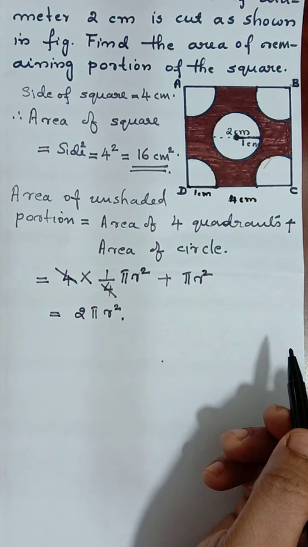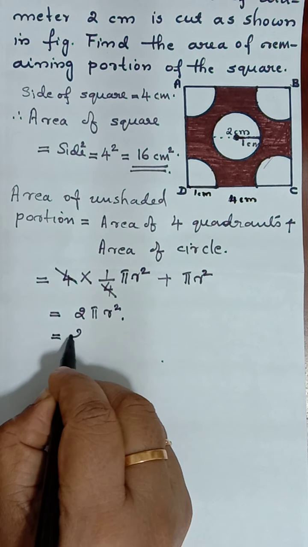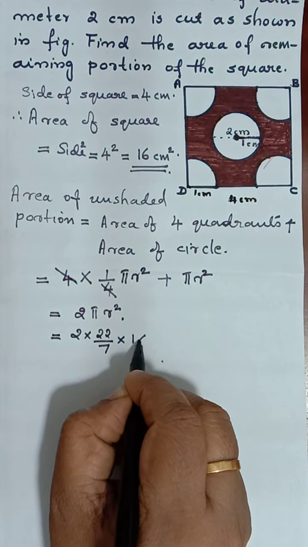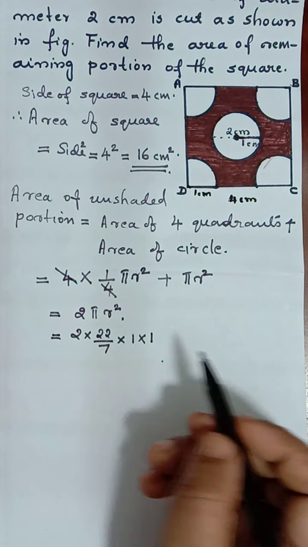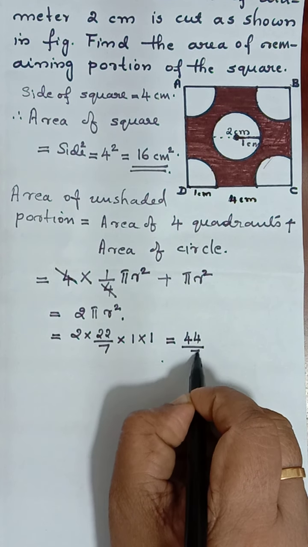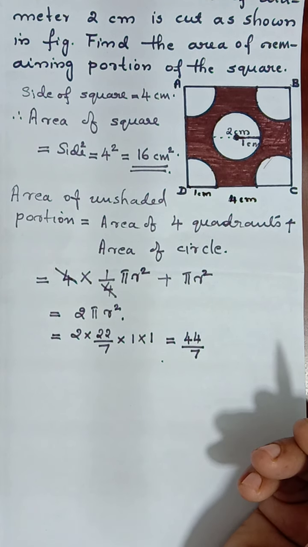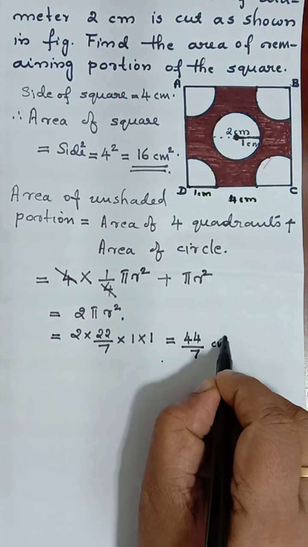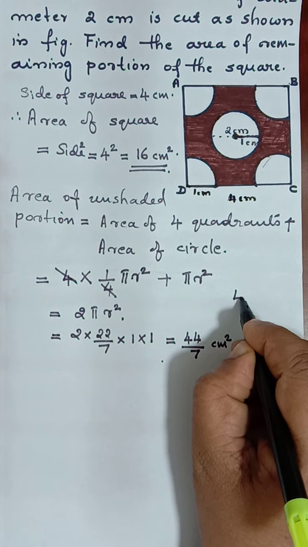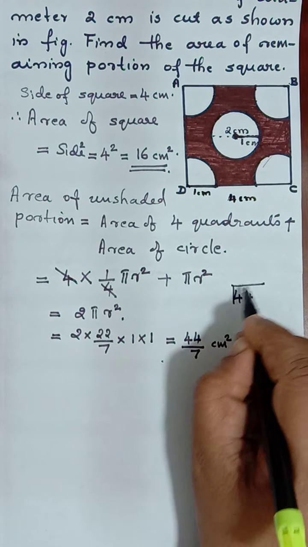So the pi value here we have to substitute: 2 into 22/7 into 1 into 1 centimeter. Okay, so this comes as 44/7 cm square. So let it be there, or we can divide it and find out. There is no problem. Let us divide and find out. 44 divided by 7.